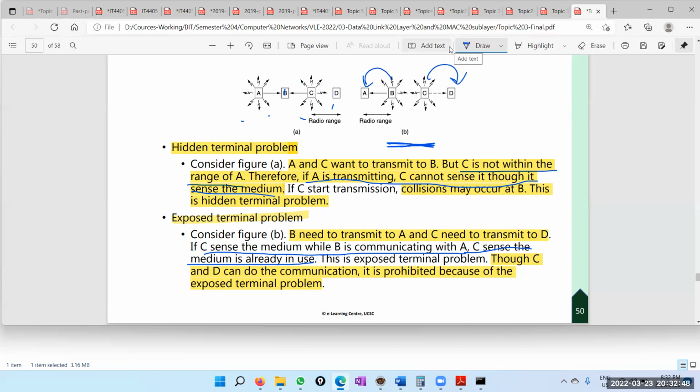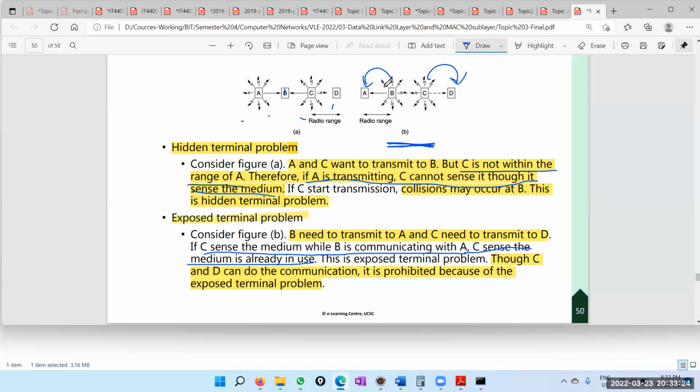If C sends to the medium while B is communicating with A, B is communicating with A, right? But that has nothing to do with C communicating with D, because C has to communicate to the other side. But C can sense this communication, which is not relevant to C and D. C senses the medium is already in use.